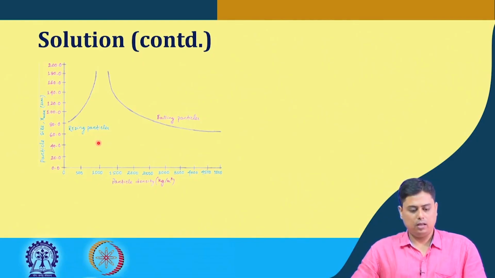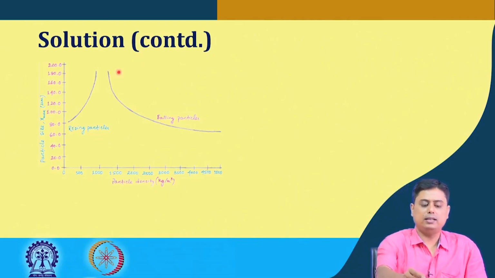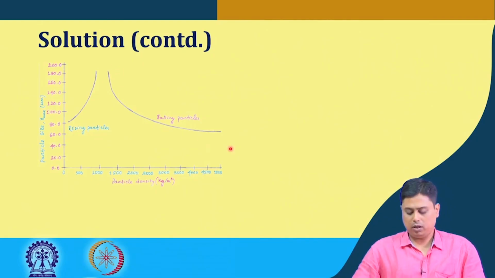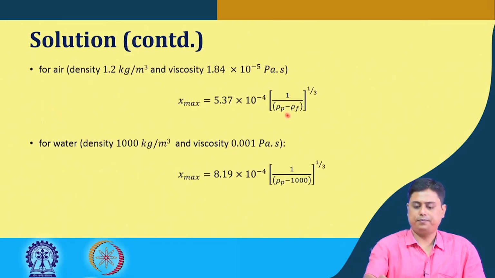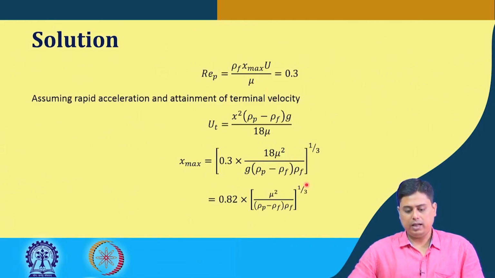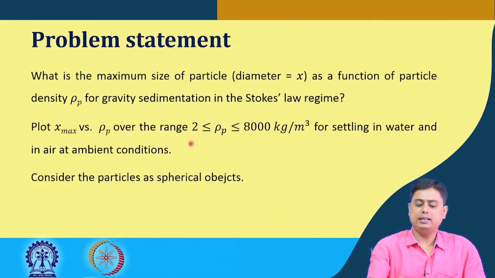Why? There are two things: one is the rising particle, one is the falling particle, because if you look at the denominator, which is rho p minus rho f, where rho f is 1000 for water, but the problem says the particle density can be from 2 to 8000. Two is greater than 1.2, which is the air density.